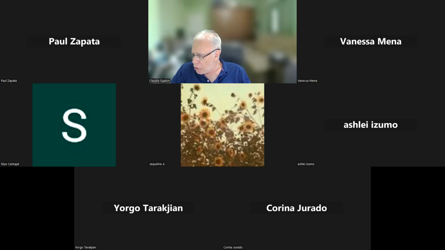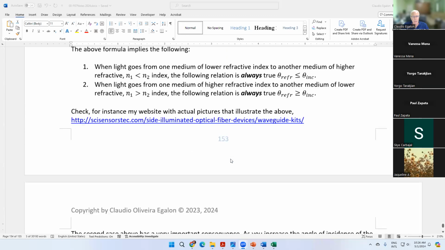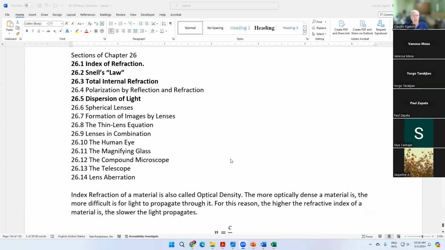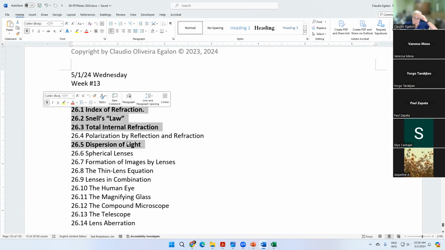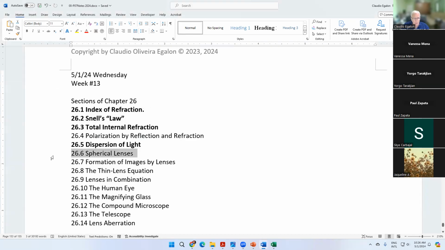And I'm also going to share the screen. Here are the sections we have covered so far: 1, 2, 3, and 5. Hopefully we're going to have time to get back to polarization, but the priority right now would be to start spherical lenses, not today, but next time that we meet.